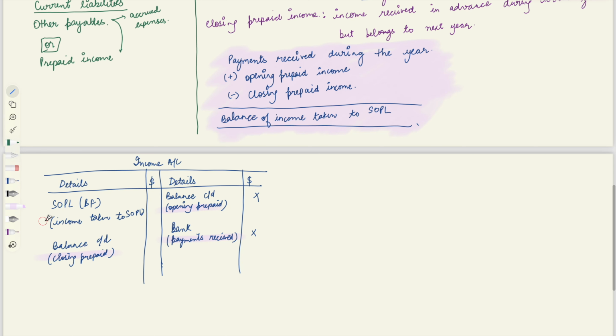Okay, now we will balance the account, and lastly it will be taken to your next year opening balance. This closing will be taken to next year opening.